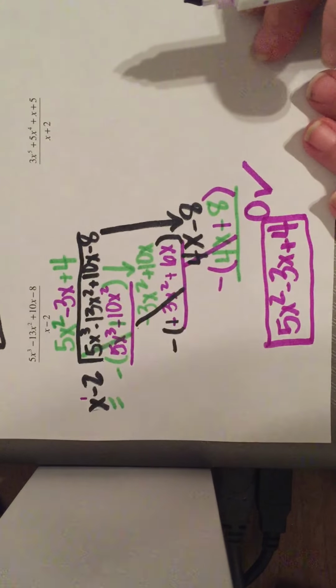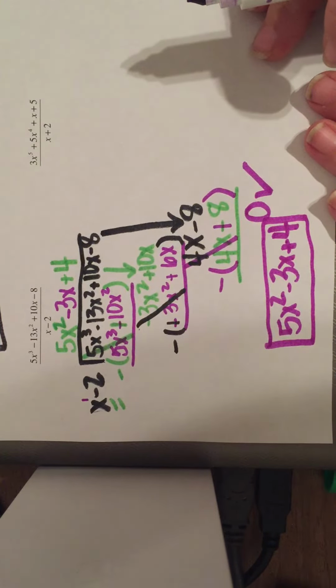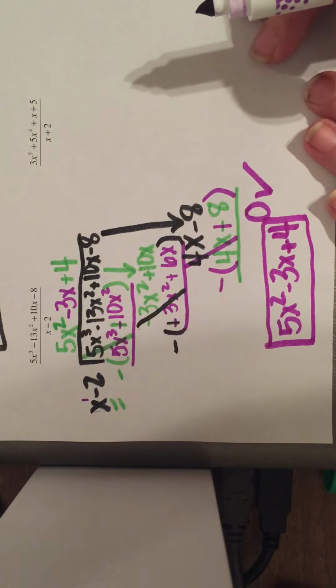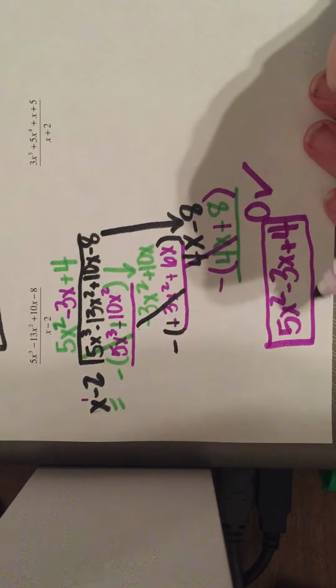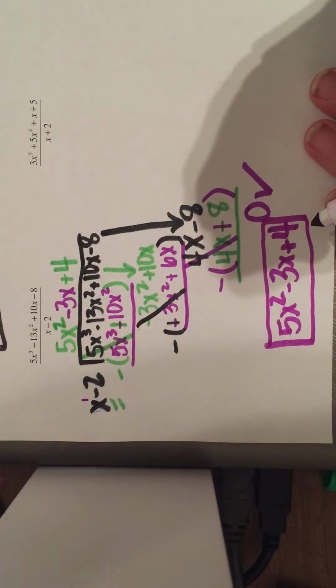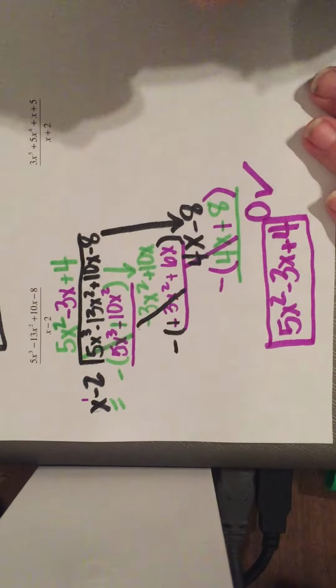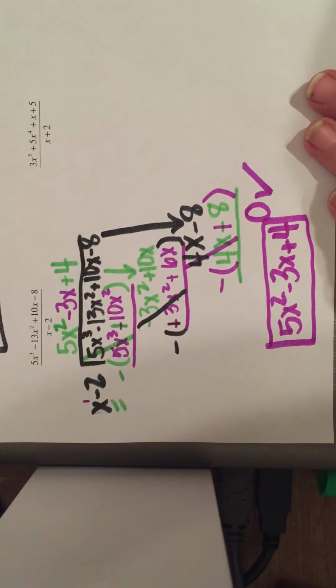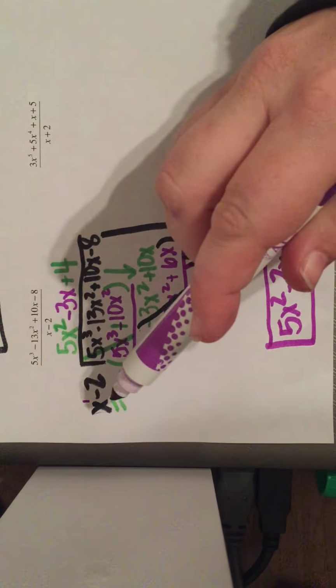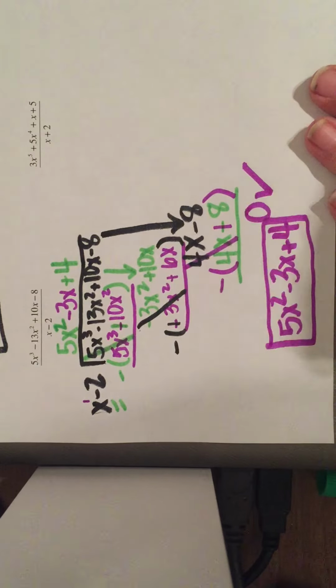Now, if we were taking a quiz and we wanted to make sure that we got that answer right, what could we do? We could take that 5x squared minus 3x plus 4, and we could just multiply it with our x minus 2. And what method do you think we would have to use there? Since this has 2 terms, but this one has 3 terms, can we use FOIL?